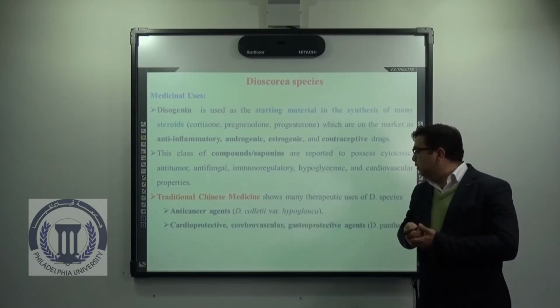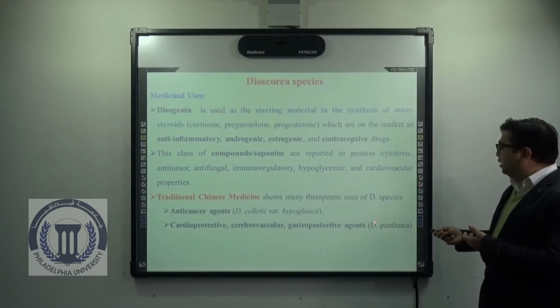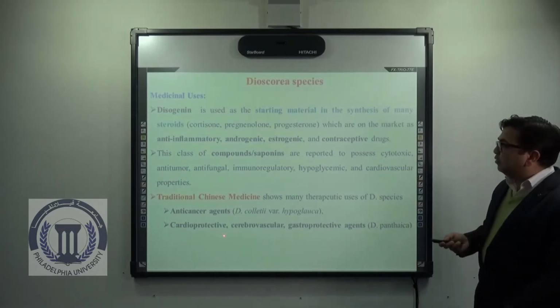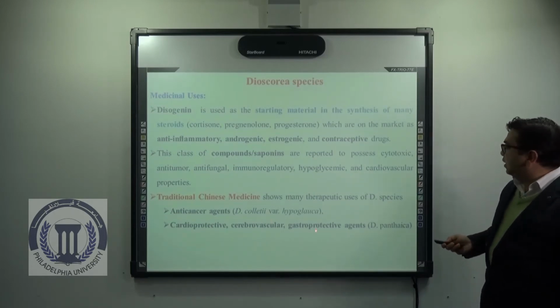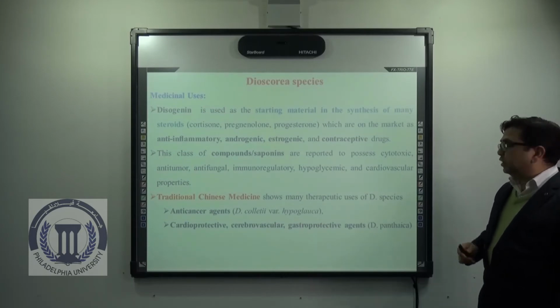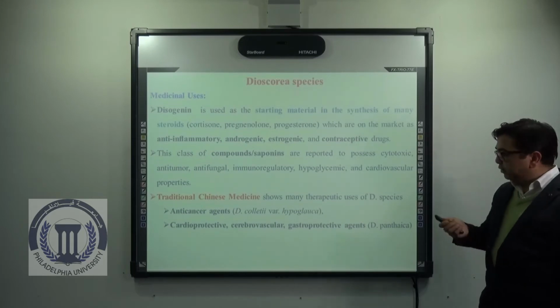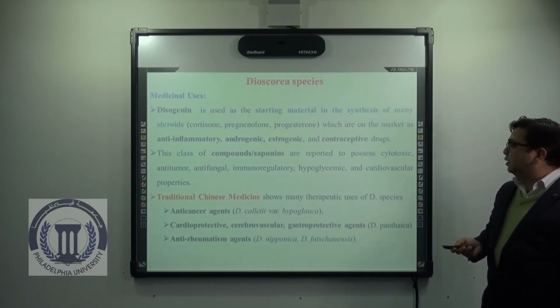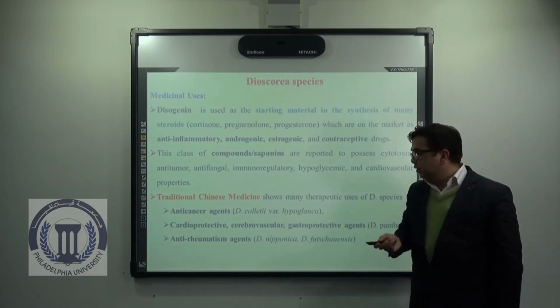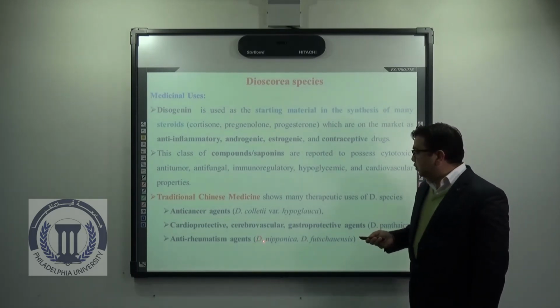Similarly, Dioscorea pentaphylla has been used as a cardioprotective agent, as a cerebrovascular agent, and also as a gastroprotective agent, especially for the treatment of gastric ulcer. It has also been used for the treatment of rheumatoid arthritis, and the main species being explored is Dioscorea nipponica.